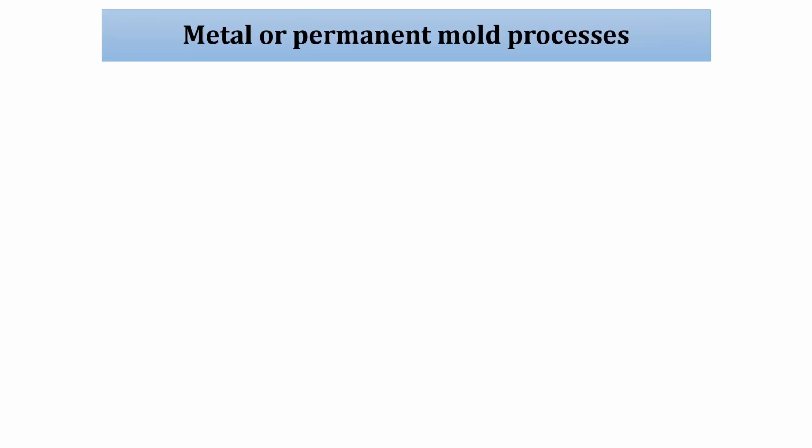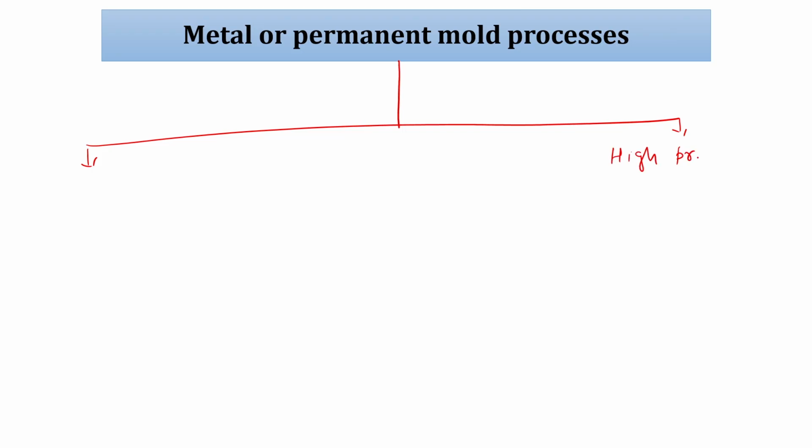And the third category will start: metal or permanent mold processes. That is a huge category. It can be subdivided into two categories: high pressure die casting and permanent mold casting.